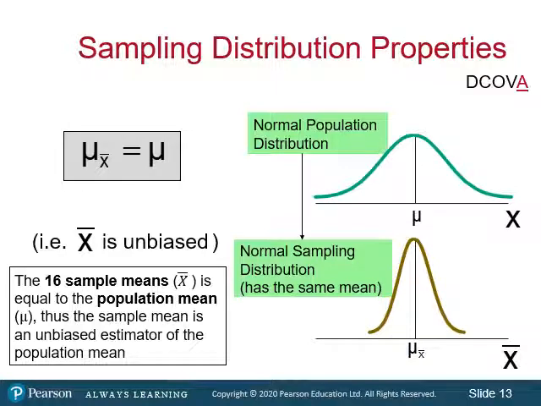The only difference is that the dispersion in the population will be a bit larger, and the dispersion in the sample will be slightly smaller, because we take the standard deviation divided by the square root of n. That is why we refer to X bar as the unbiased estimate of the population mean.